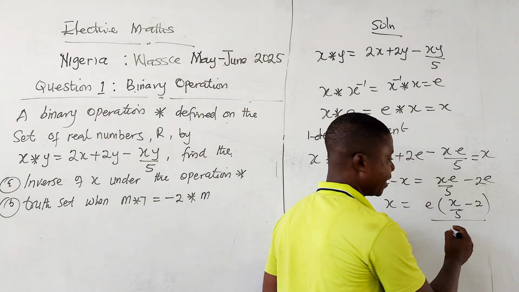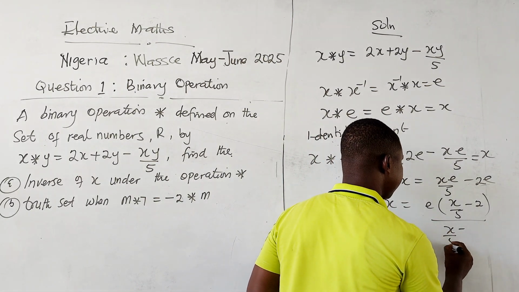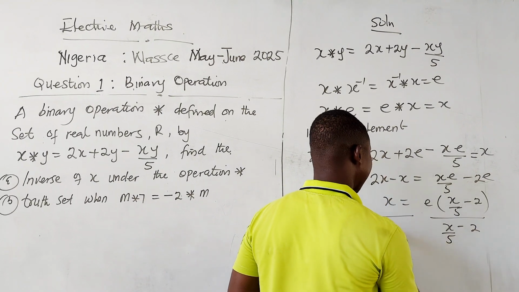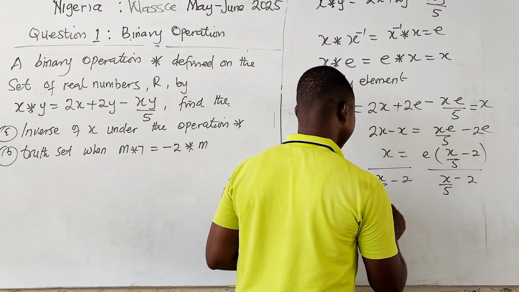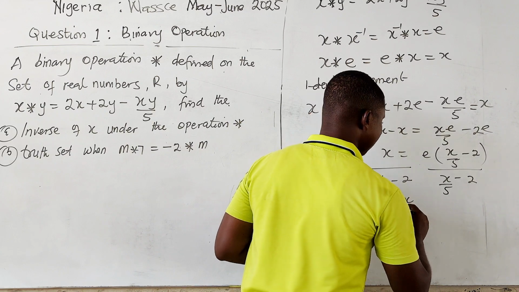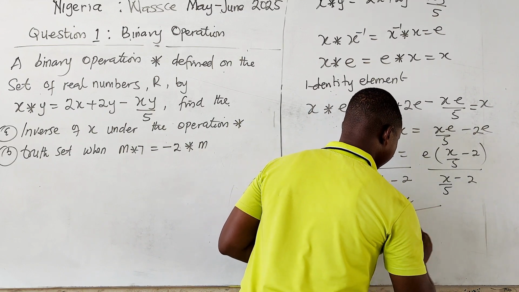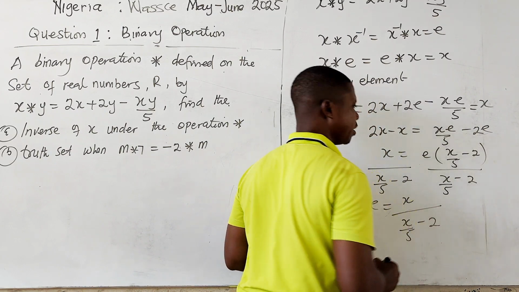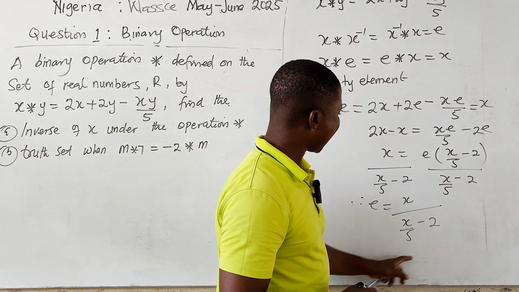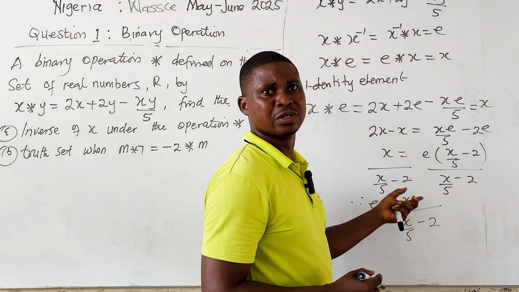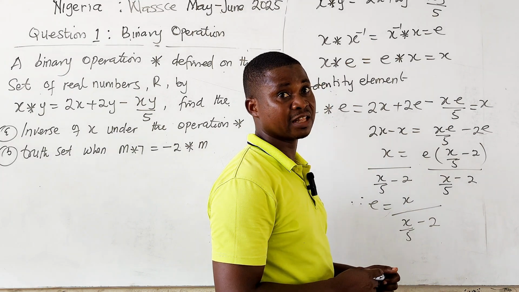Therefore, my e is equal to x over 5 minus 2. And that's my e. You realize that our e depends on x.